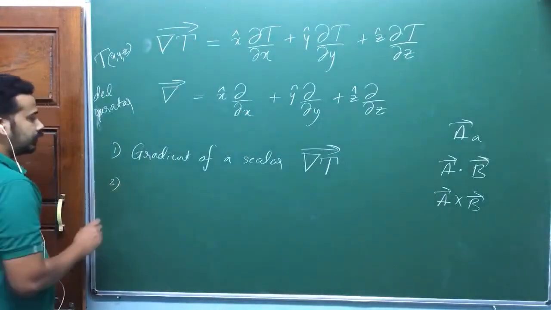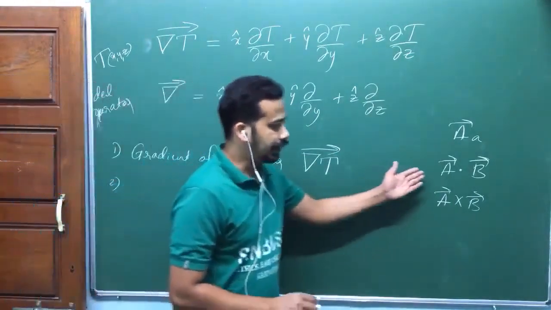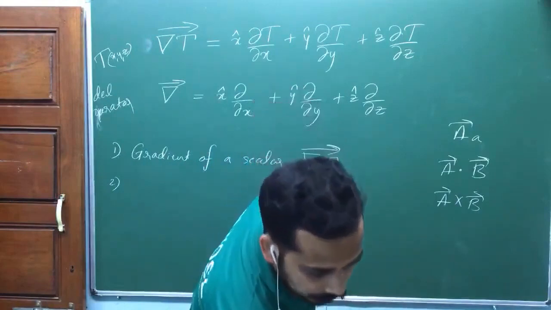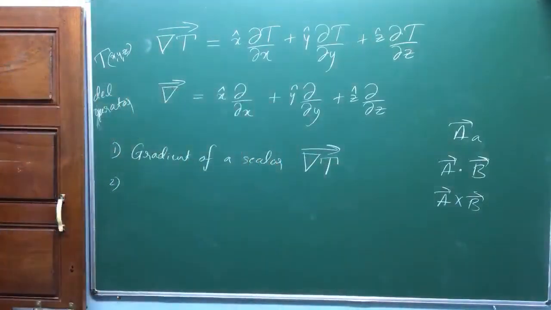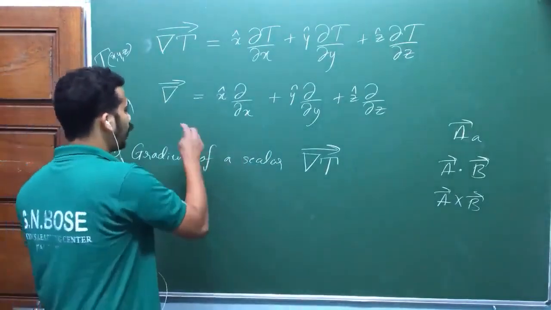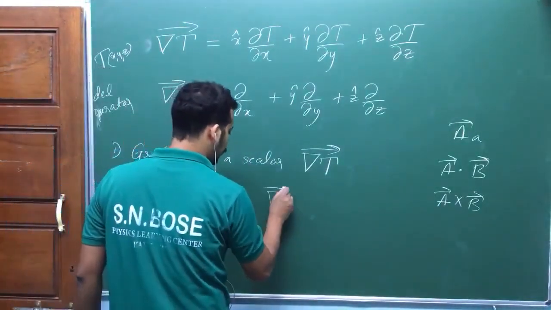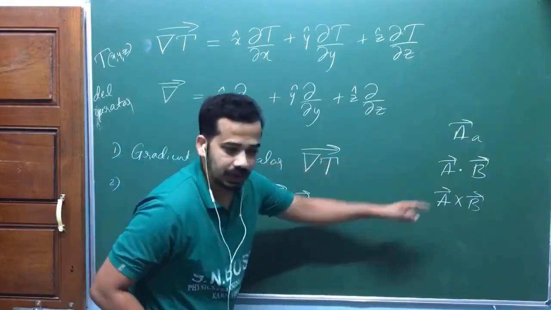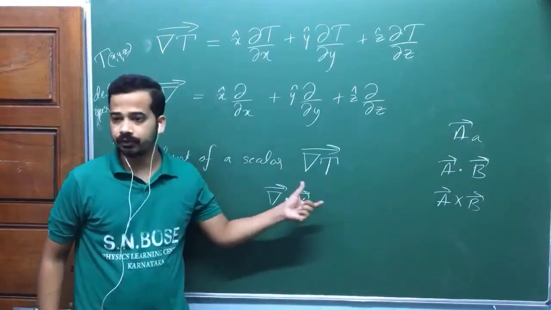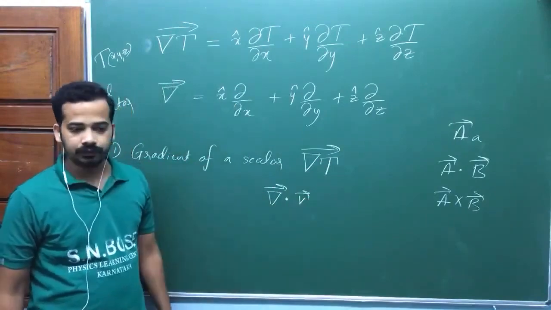The second one: just similar to A dot B in the case of vectors, you can define a kind of dot product of this del vector with a vector field, but it is not this kind of dot product. It's a kind of operation that we do on a vector field.